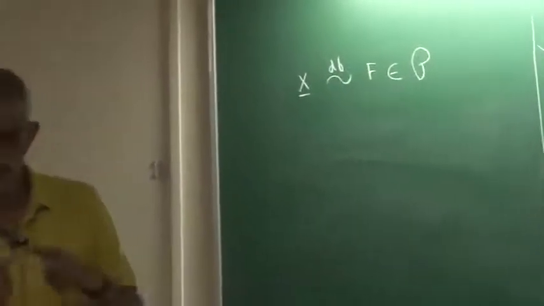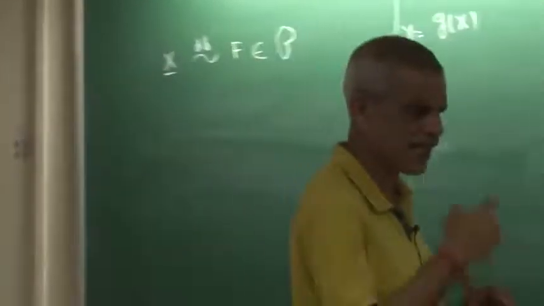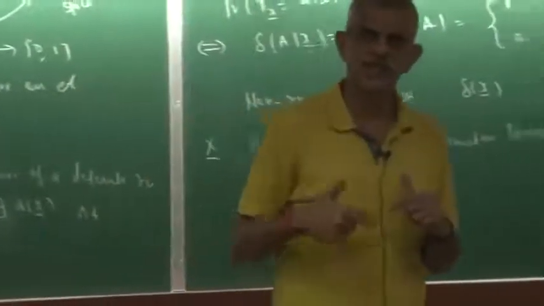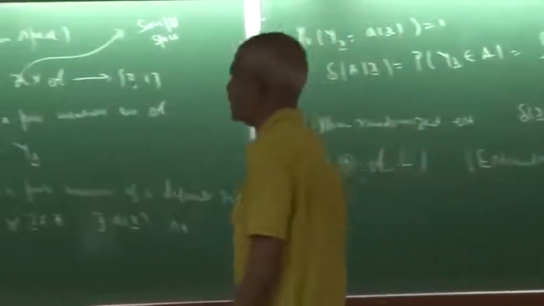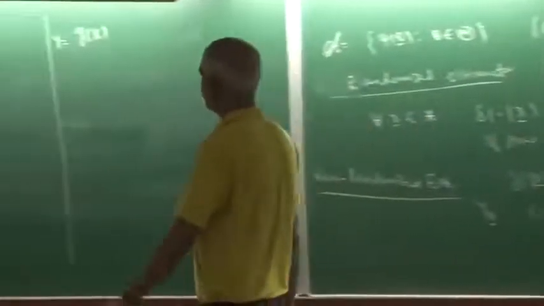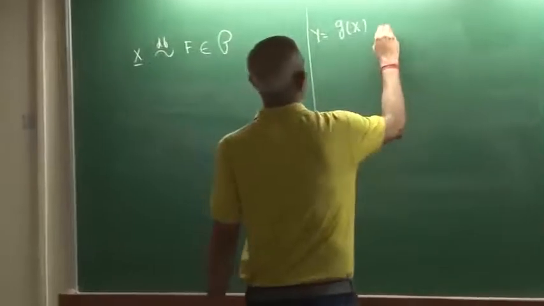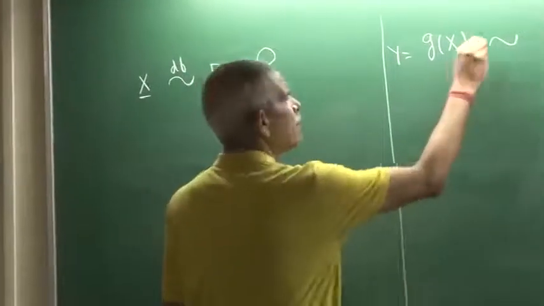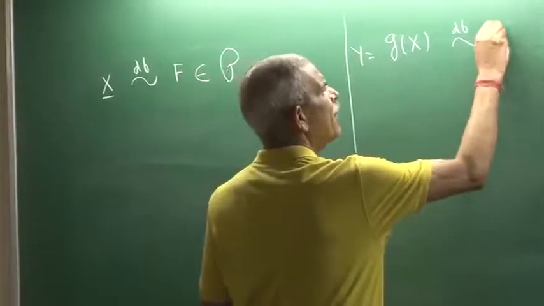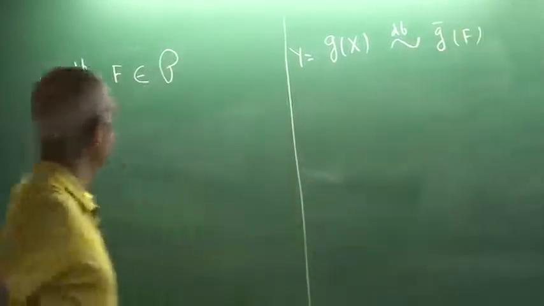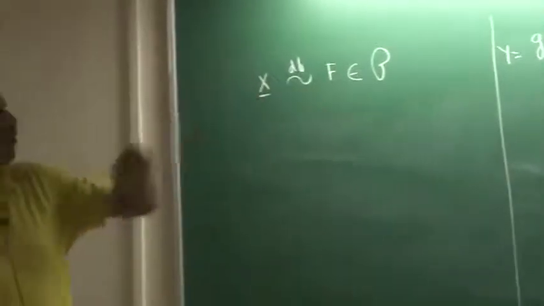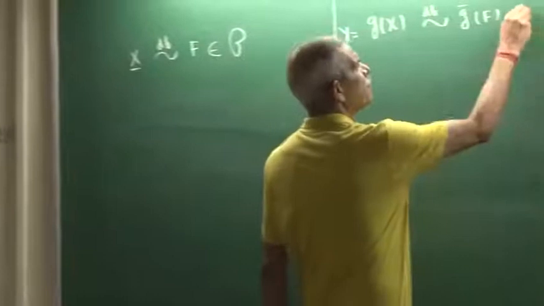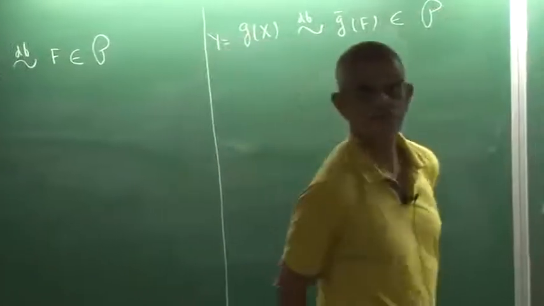If x was in centimeters, I have converted it into inches, which is equivalent to applying a certain transformation. And suppose y equal to g of x has a distribution function g bar f. So if x has a distribution function f, y equal to g of x has distribution g bar f, which also belongs to P.